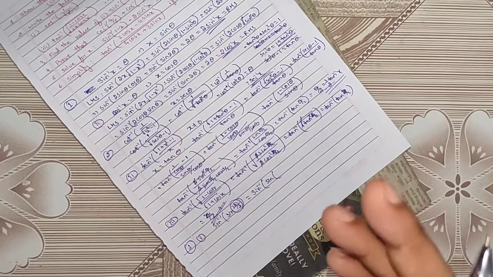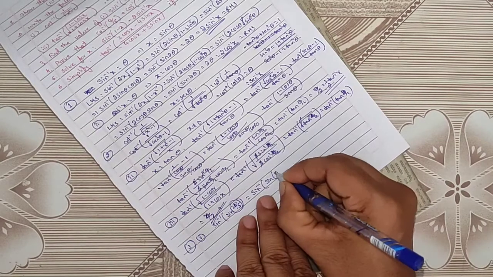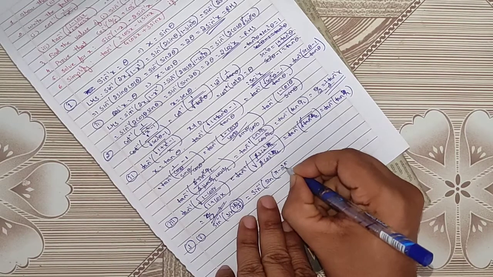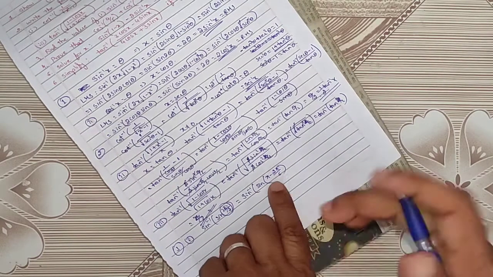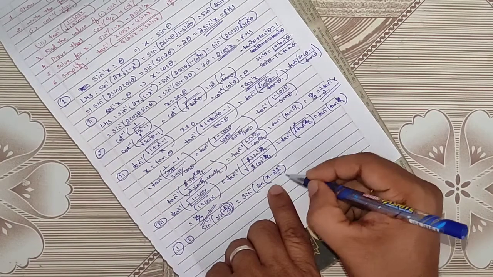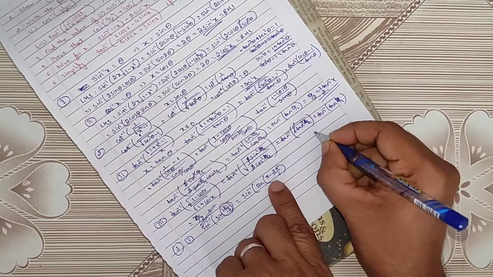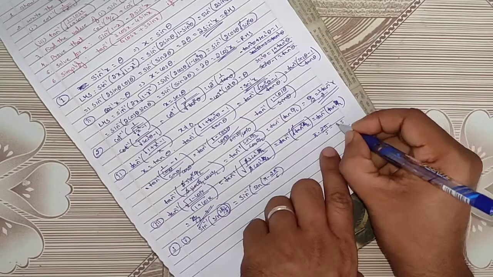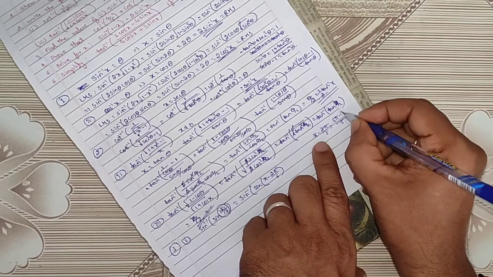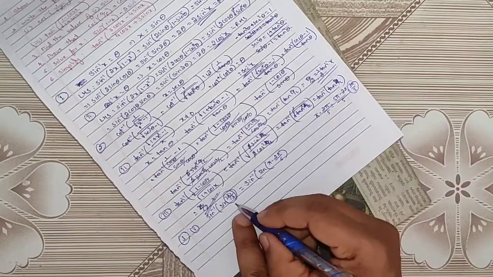Already I said the range is minus pi by 2 to pi by 2. So this can be written as pi minus 2 pi by 5, no? So when we take this simplification, LCM is 5, 5 pi minus 2 pi, this is equal to 3 pi by 5. So you got this 3 pi by 5, no?